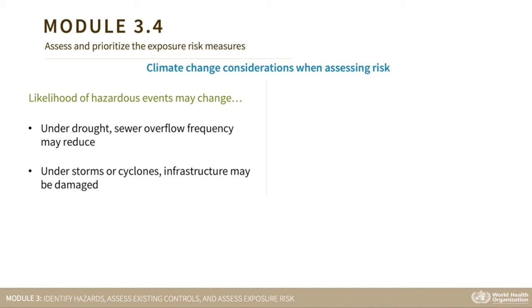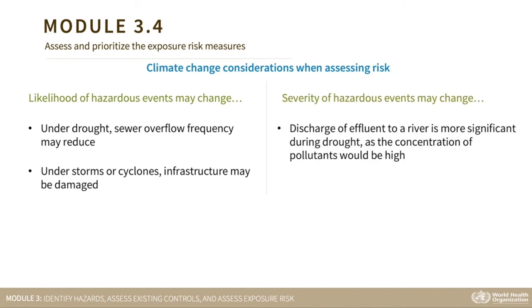Similarly, the severity of the hazardous events may become both more or less severe. For example, the discharge of effluent to a river is more significant in drought conditions when receiving water levels are low, compared with high rainfall events when there is greater dilution.